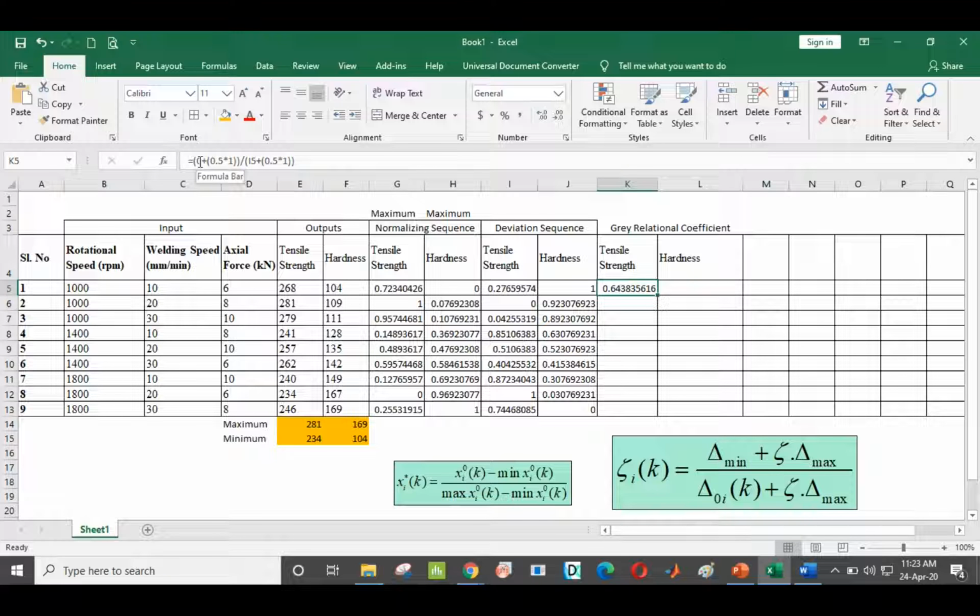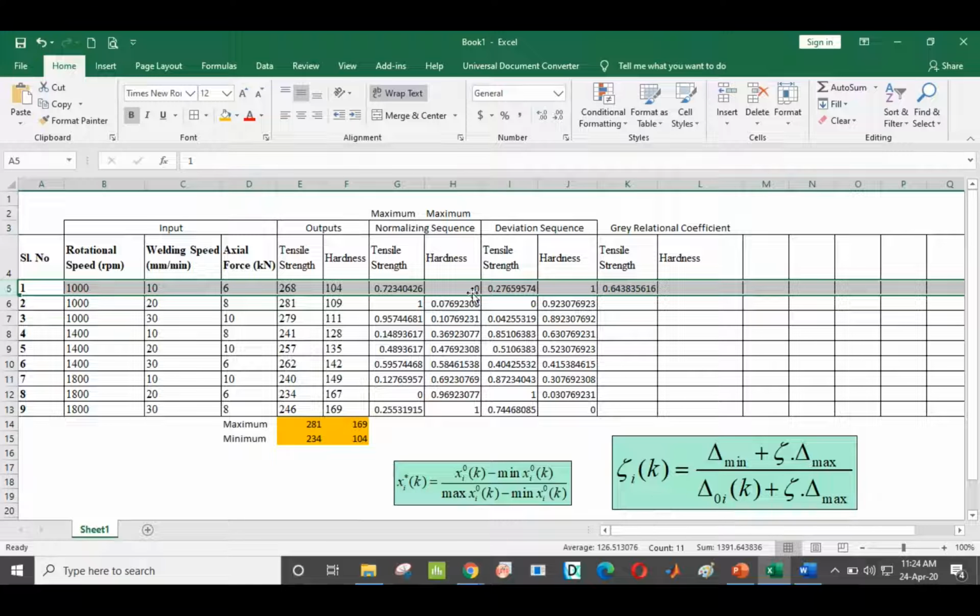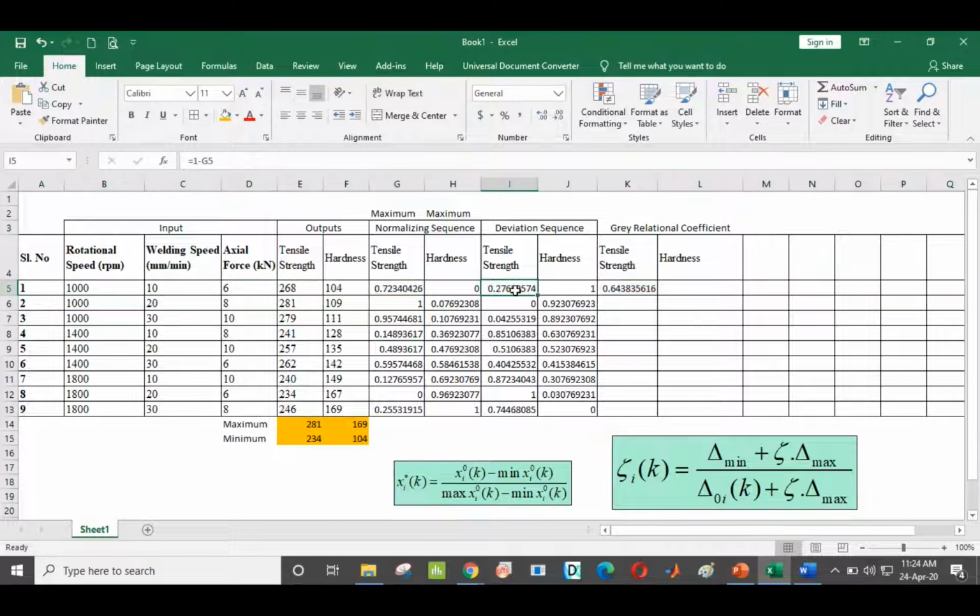Del min is 0 plus 0.5 of del max, 0.5 of del max is 1, divided by the individual deviation sequence value, that is I5, that is ith column, 5th row. So I5 plus 0.5 of del max, 0.5 of del max is 1. Just copy this, just paste.